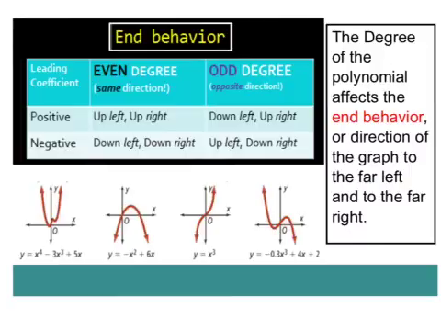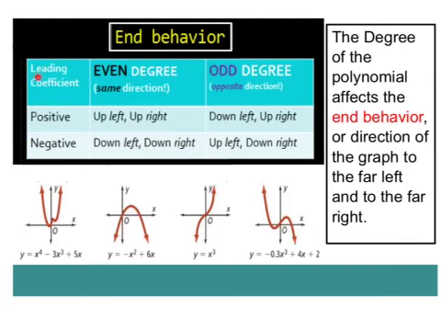All right. So this main section, though, was about end behavior. This is the chart that I wanted you to copy in class. So if you're in class, hopefully you already have it. And if not, get it down now. End behavior talks about these arrows at the ends of our graph. All of our graphs always have 2 arrows, and these arrows are our end behavior. So end behavior all depends on the degree of the polynomial and the leading coefficient.